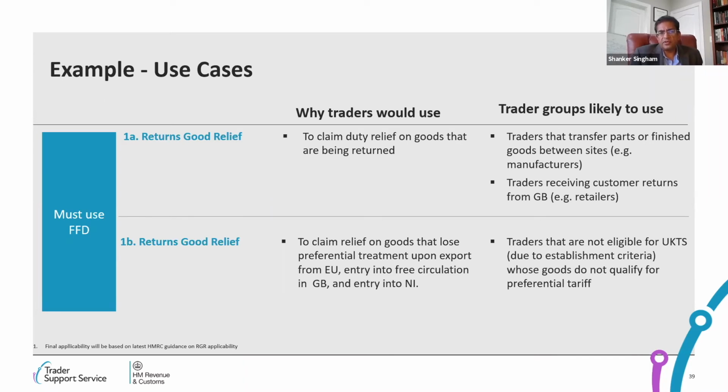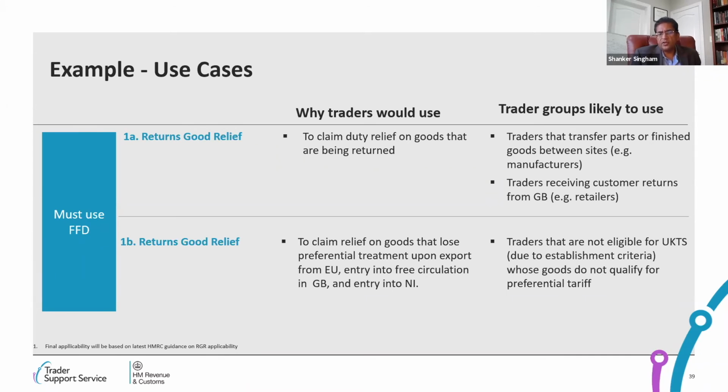The other area of return goods relief that could be used much, much more significantly is where you've lost the preference treatment on the export from the EU. So product comes from the EU into GB, enters free circulation in GB, goes on to Northern Ireland without processing. As I said before, that is a secondary movement that would ordinarily attract a tariff because you lose origin, and therefore you lose the preference.